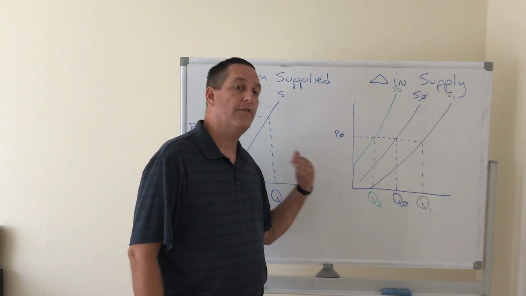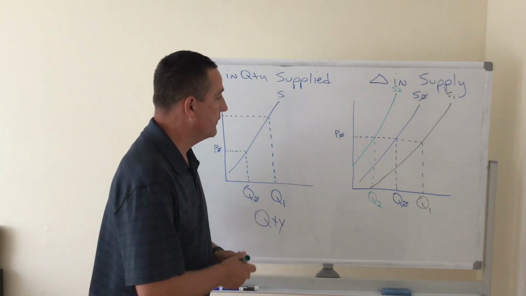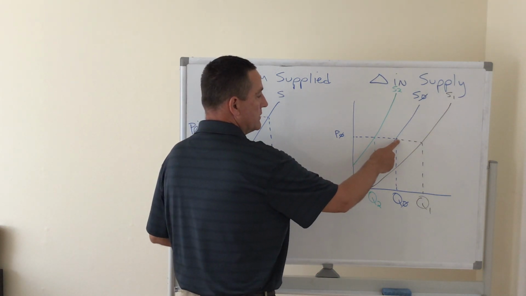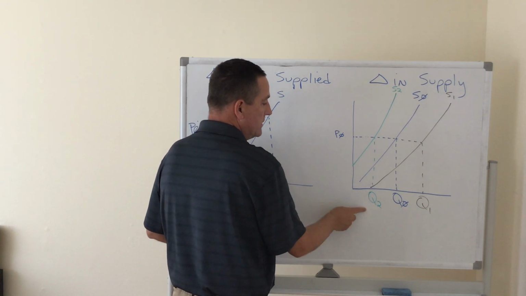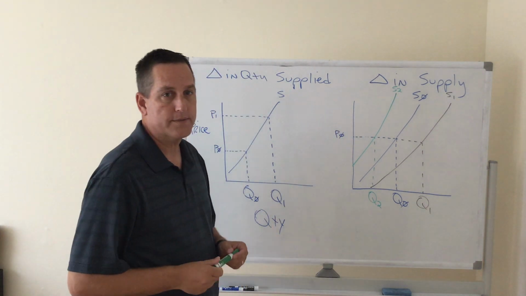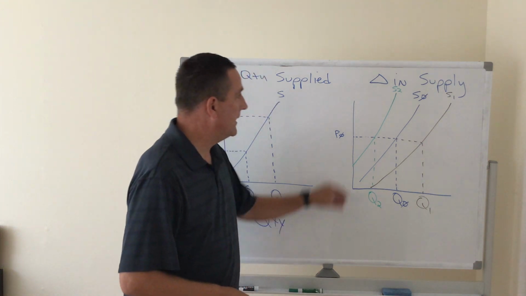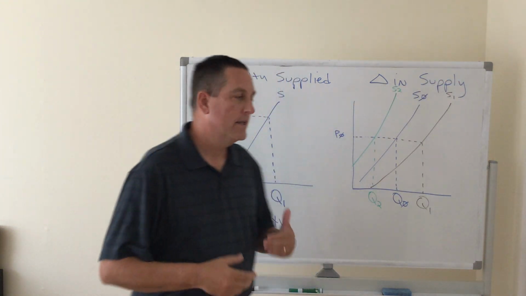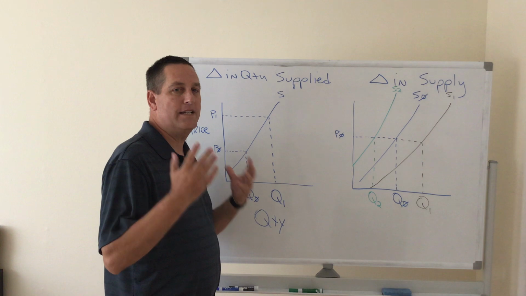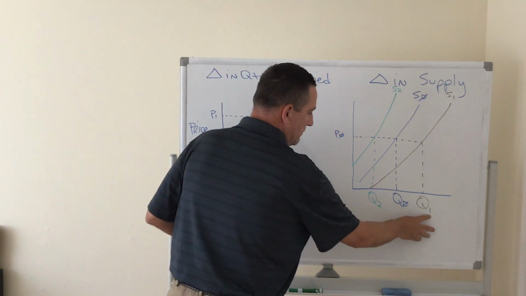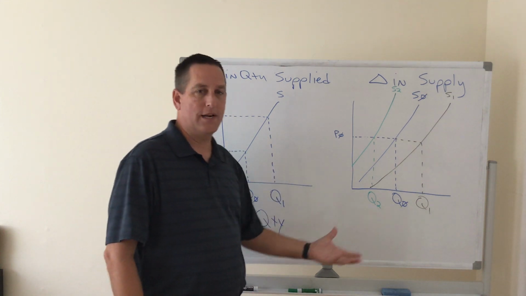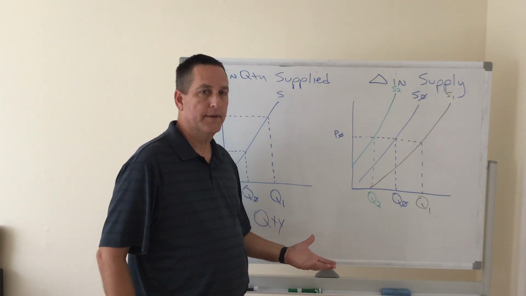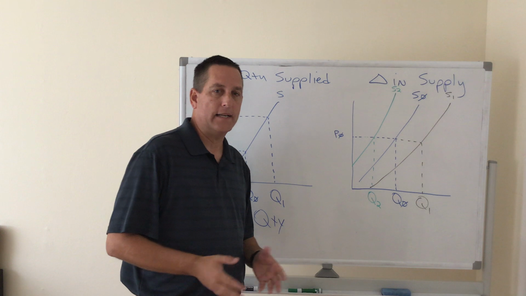During finals week, of course, you're going to be studying for your finals, so you're going to be willing to supply fewer hours of work, even at the same price. This is called a change in supply. The suppliers are supplying a different amount, maybe more, maybe less, at the same prices as before.